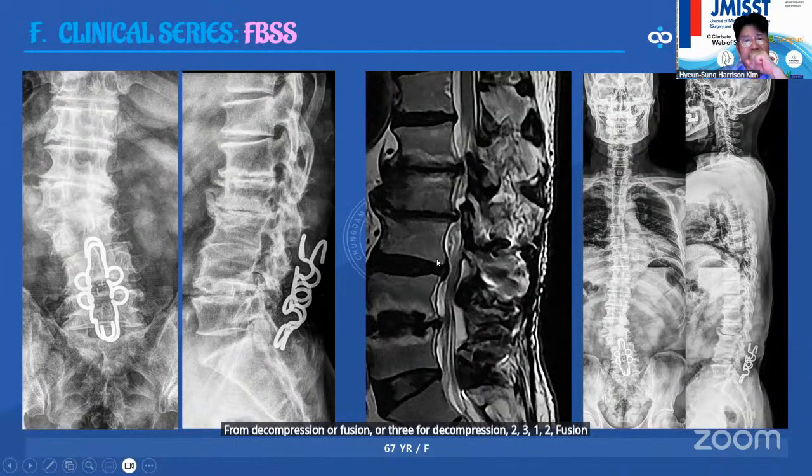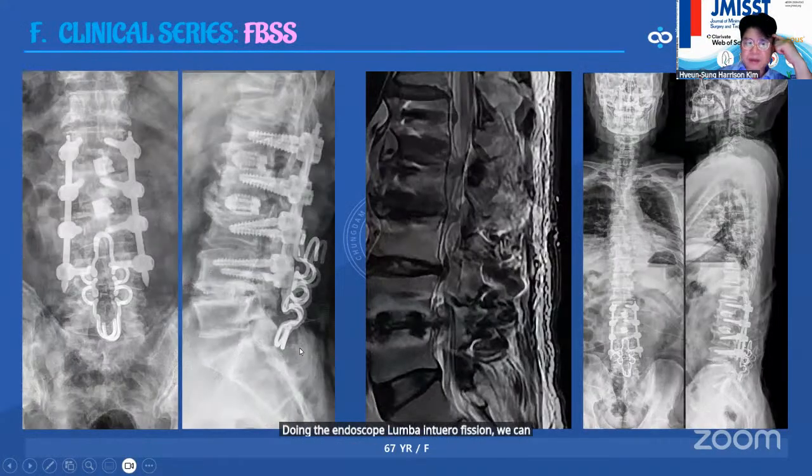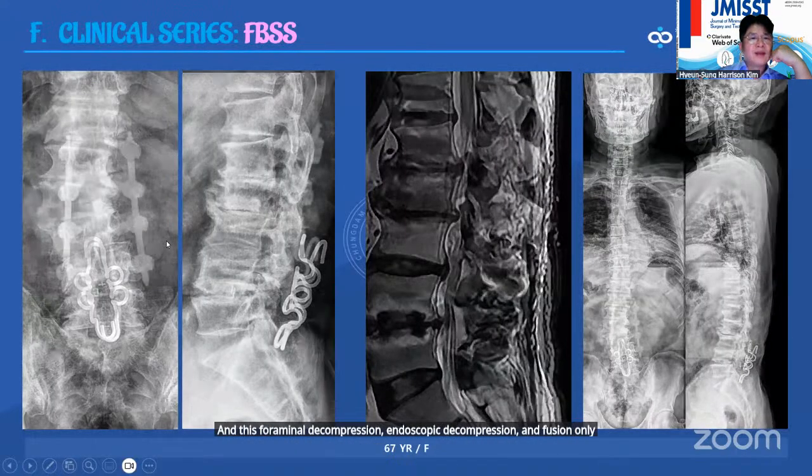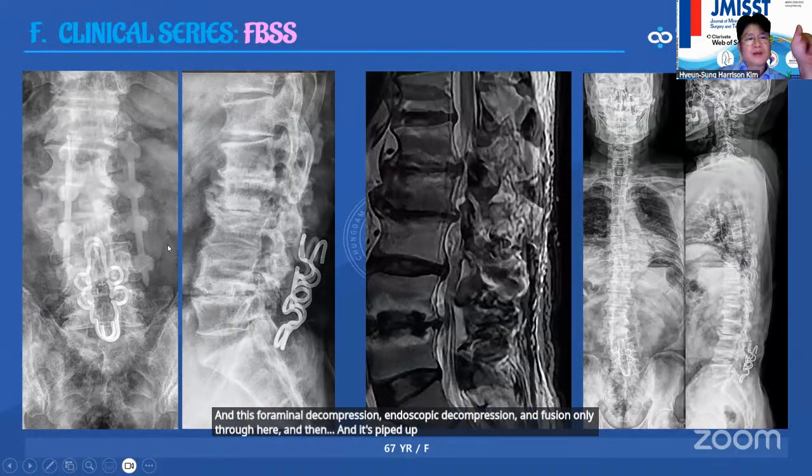But if we do endoscopic lumbar interbody fusion, we can do only endoscopic foraminal decompression, endoscopic decompression, and fusion only to here, and in spite of that, we correct the alignment very, very nicely.